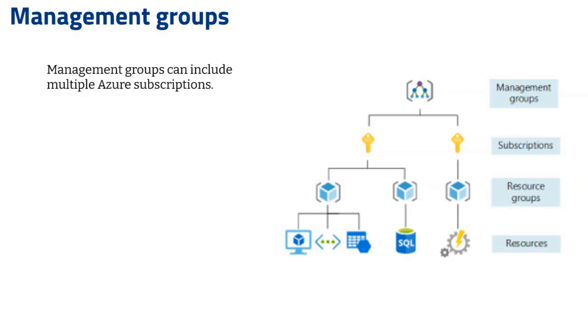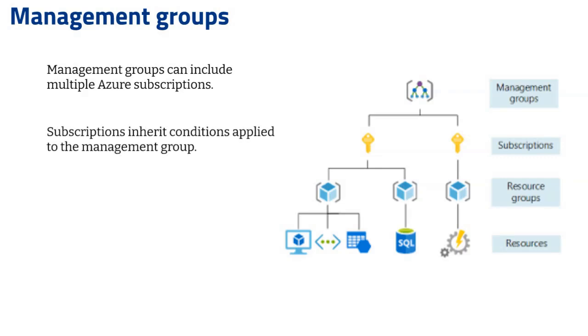Azure management groups provide a level of scope above subscriptions. You organize subscriptions into containers called management groups and apply governance conditions to the management groups. All subscriptions within the management group automatically inherit the conditions applied to the management group, the same way that resource groups inherit settings from subscriptions and resources inherit from resource groups.